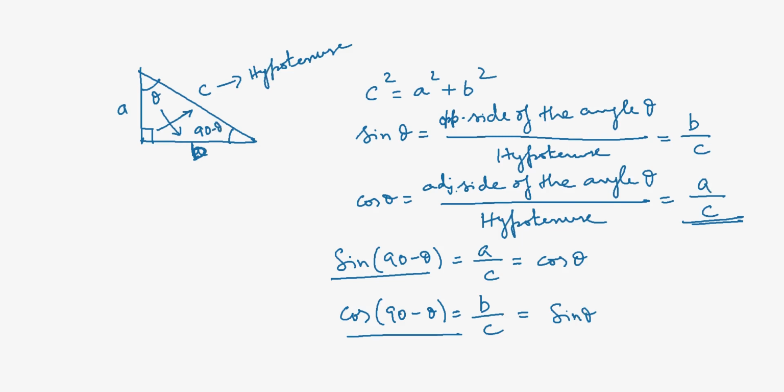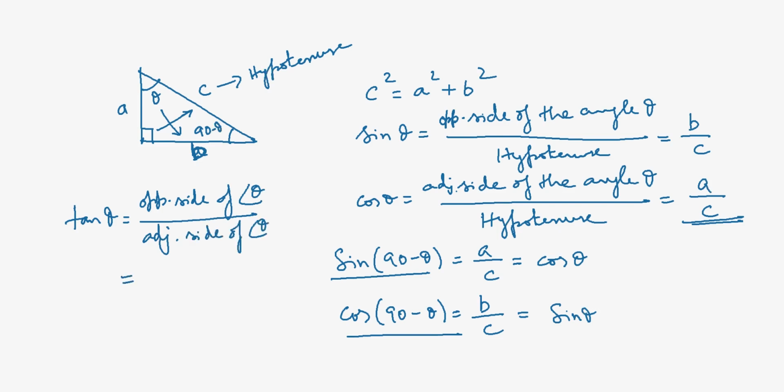All these things are fine. We have a clear idea about that, and everything is quite useful, no problem, right? And apart from that, we learned another trigonometric ratio, tan theta, which is the opposite side of the angle theta divided by the adjacent side of the angle theta.